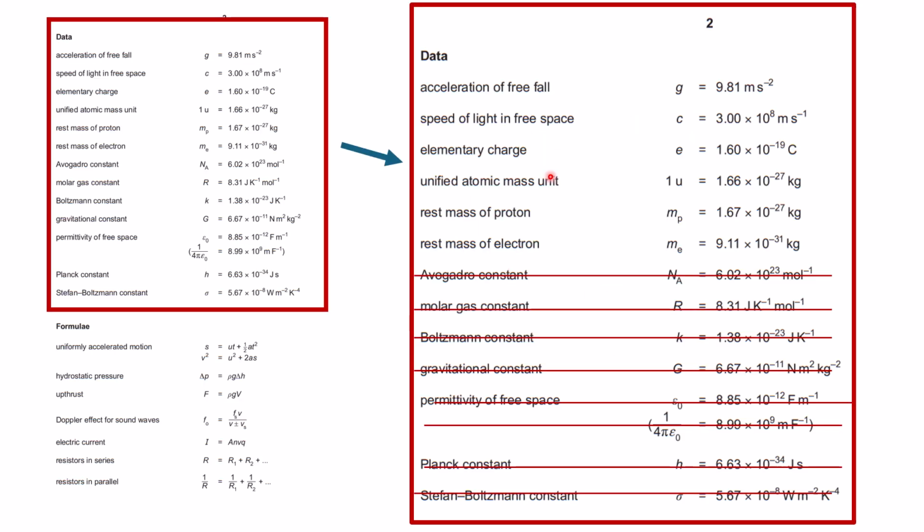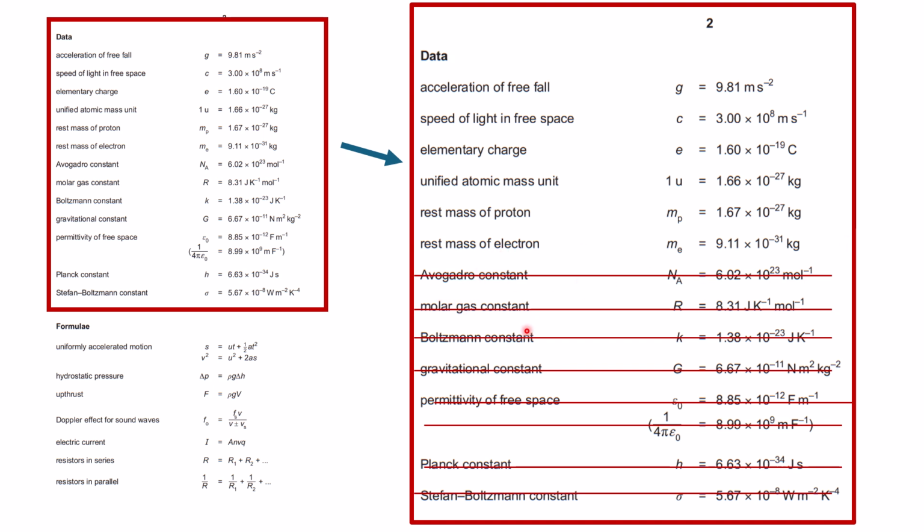This is a larger screenshot of the data list. For AS level, you need just the acceleration of free fall, speed of light, elementary charge, AMU, the mass of the proton, and the mass of the electron.